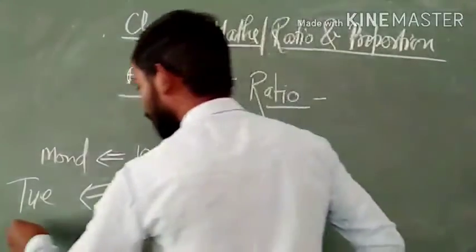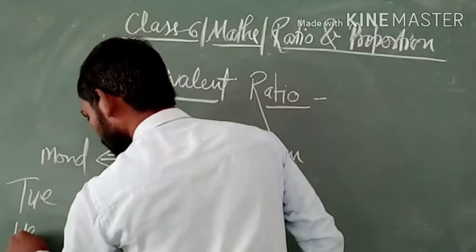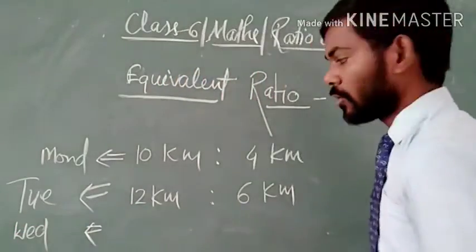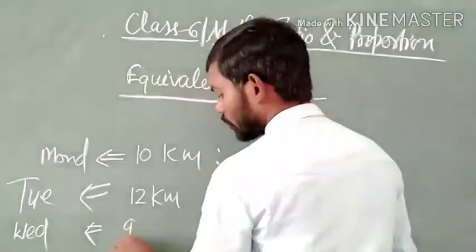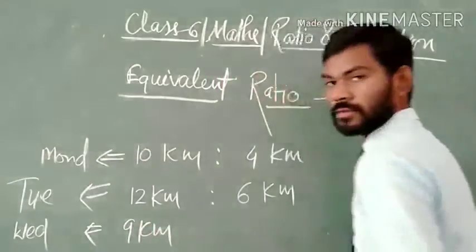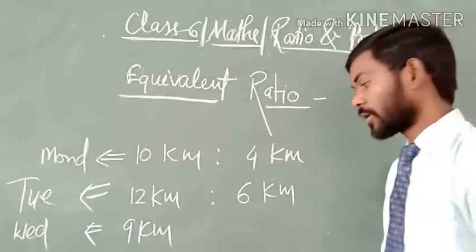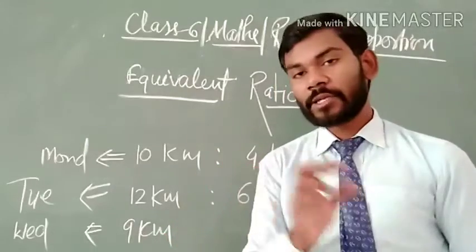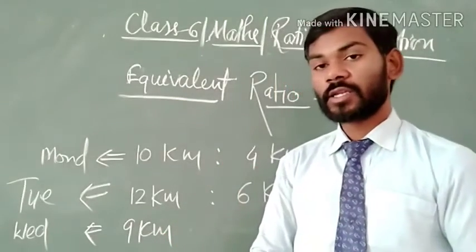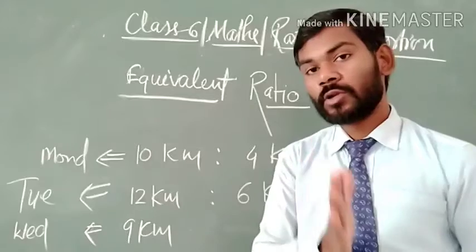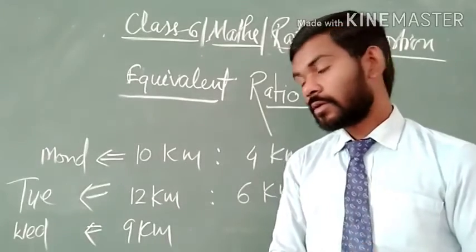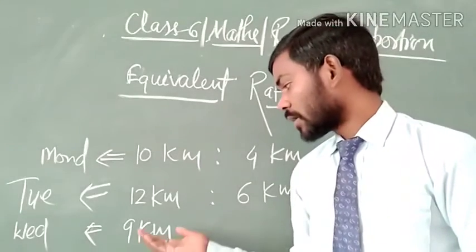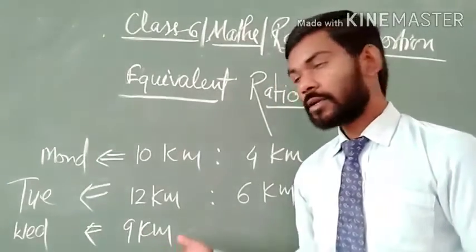Similarly, on Wednesday, if I run only 9 kilometers due to some unfavorable conditions, I could run only 9 kilometers on Wednesday. Then you have to also run less, like me. How much did I run less than 10?